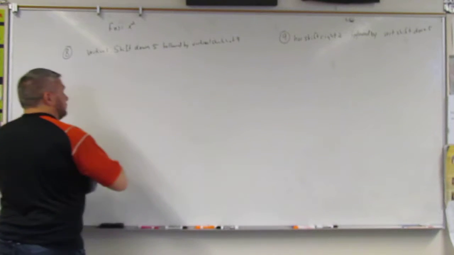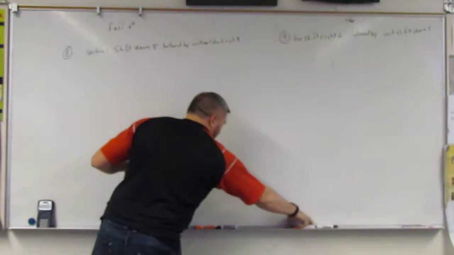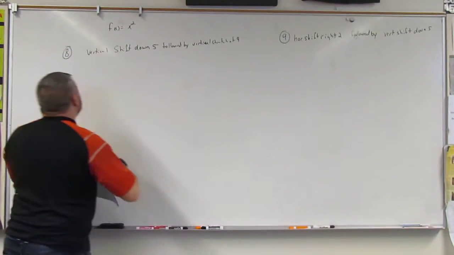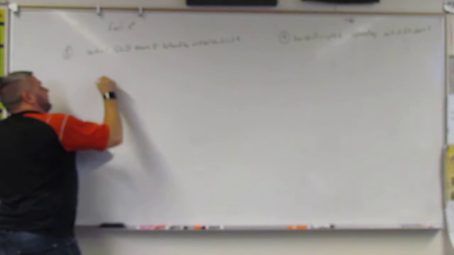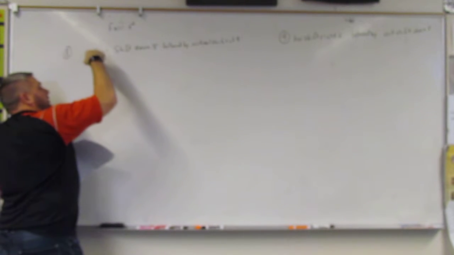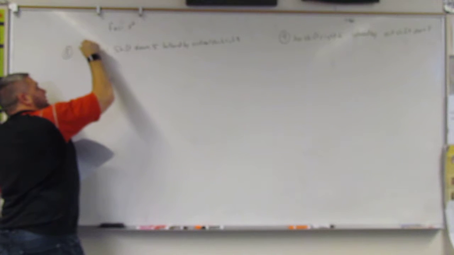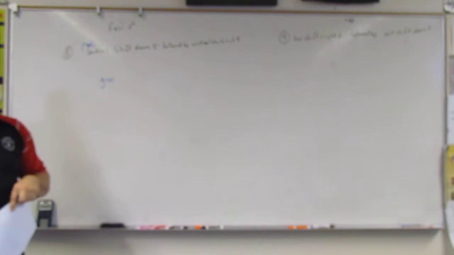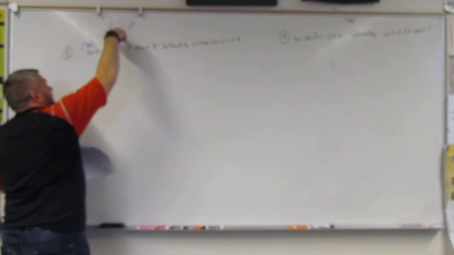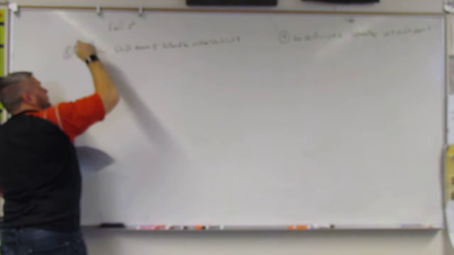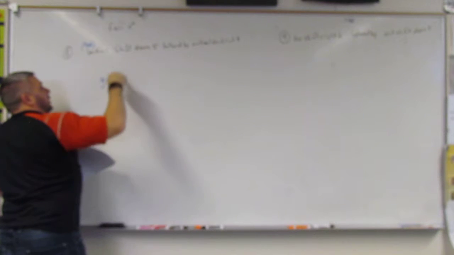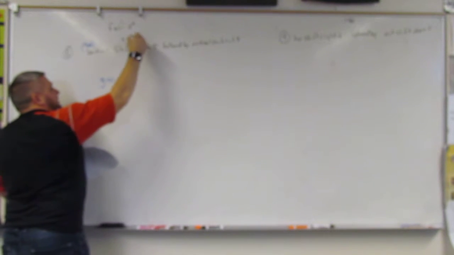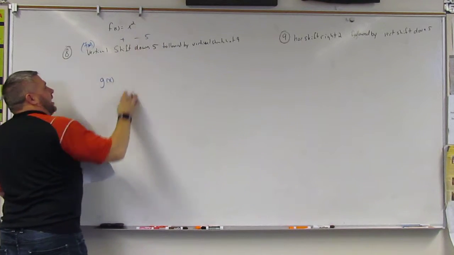Yes, let's do this. We're going to start with blue. So g of x, this is f of x, this is g of x, right? Vertical means the whole f of x is shifted, so plus, down, so minus 5.